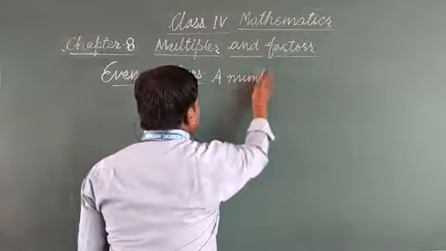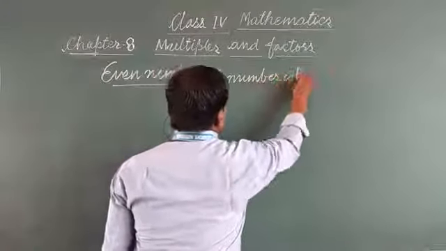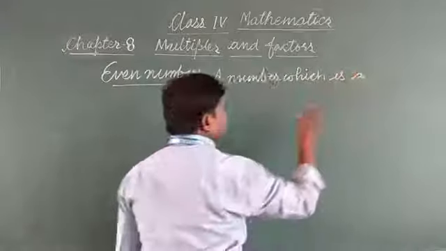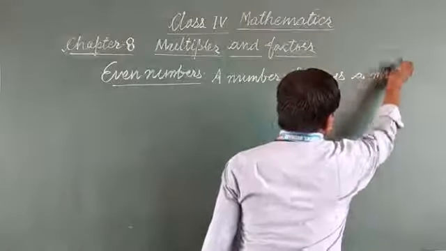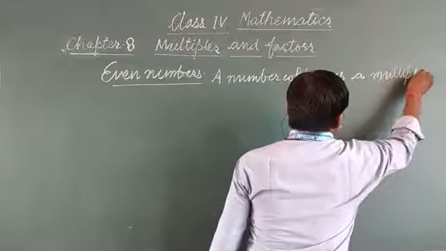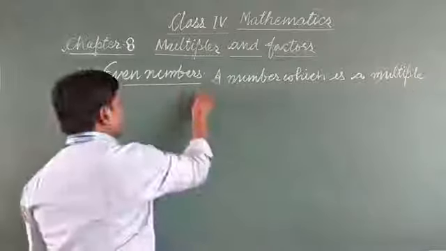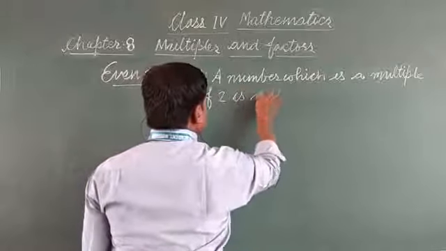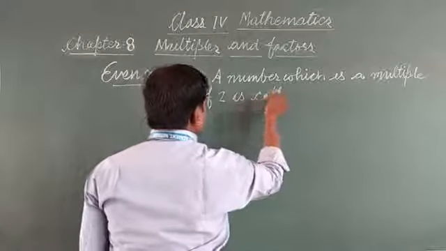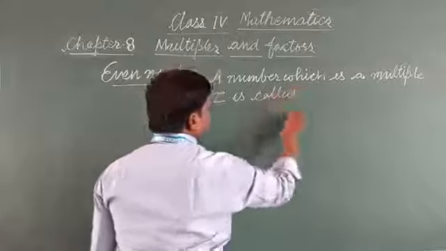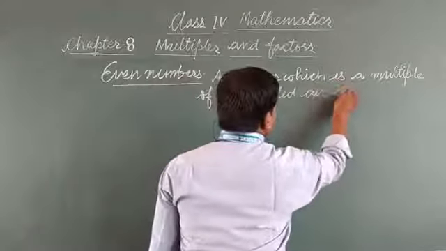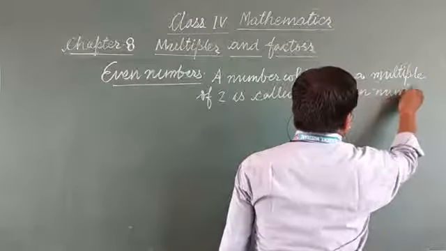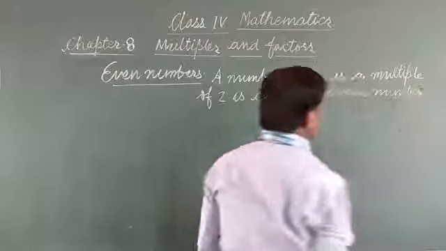A number which is a multiple of 2 is called an even number.